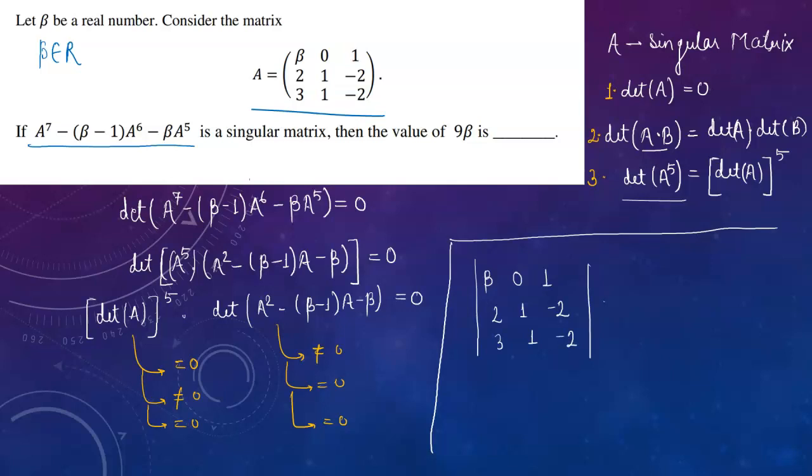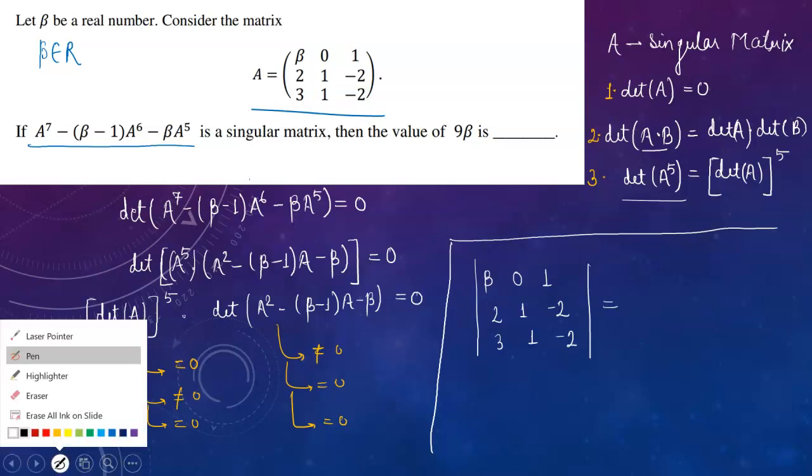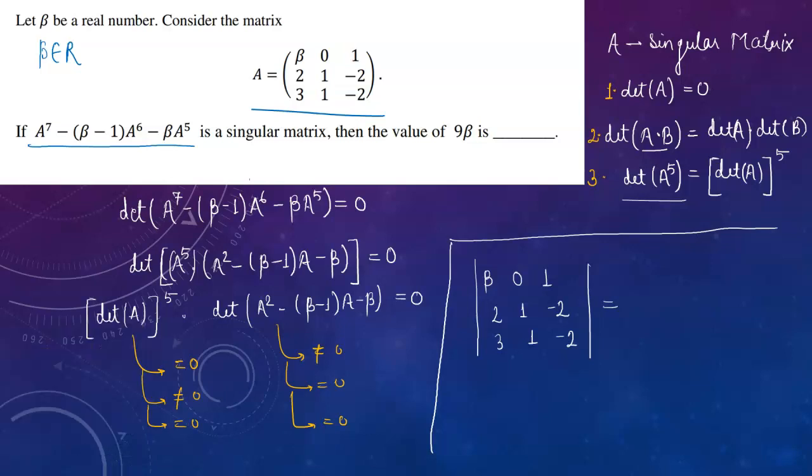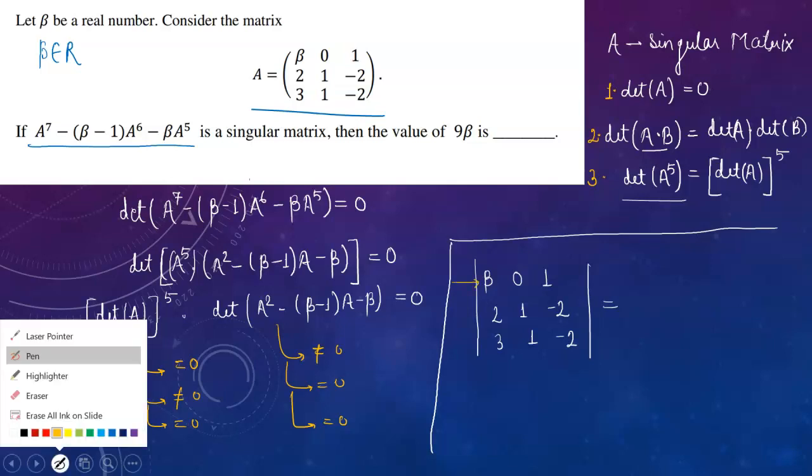So directly I'm using the expansion. First of all, I will expand this determinant using this row. This row I will use for expansion.